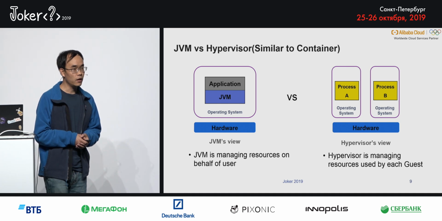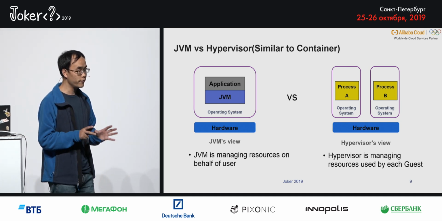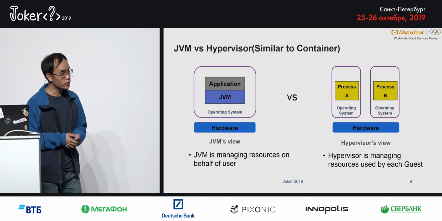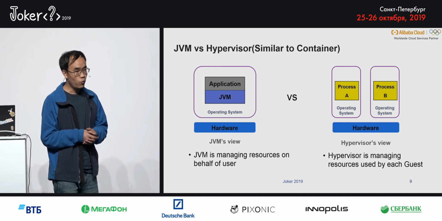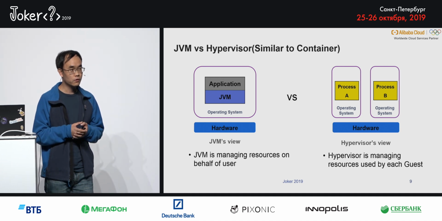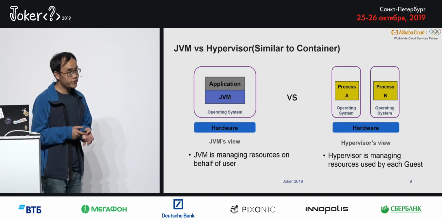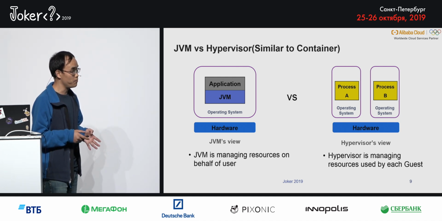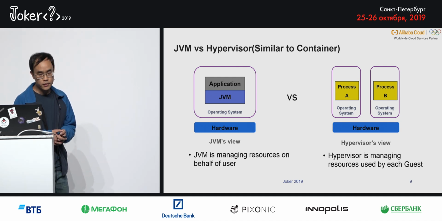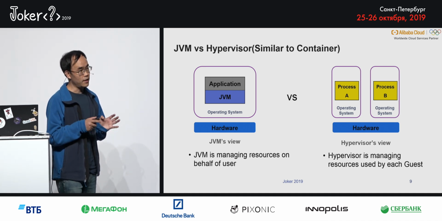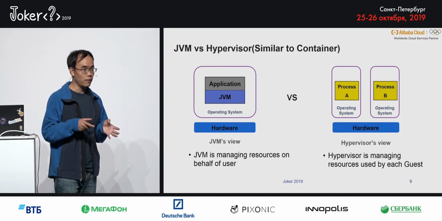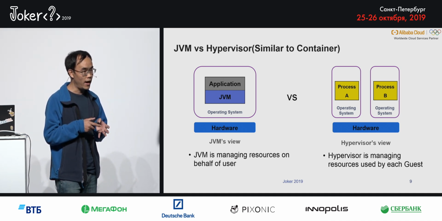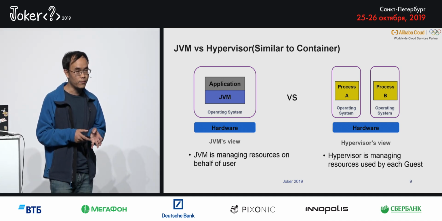If we look at the cloud from a resource management point of view, looking at the picture, we have two views. From the JVM view, the JVM is managing resources on behalf of the user. Even if you don't use memory, the JVM may not have the ability to return unused memory to the OS.